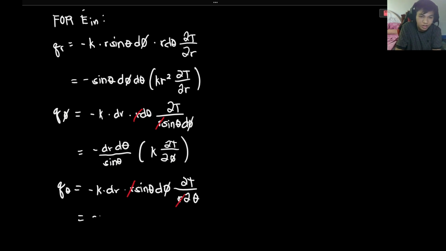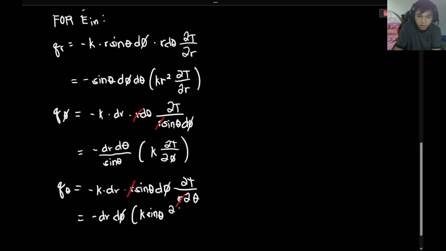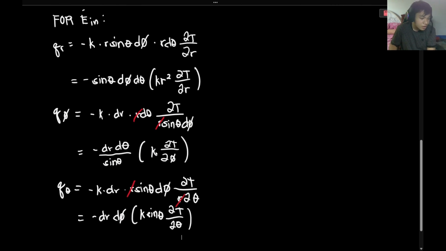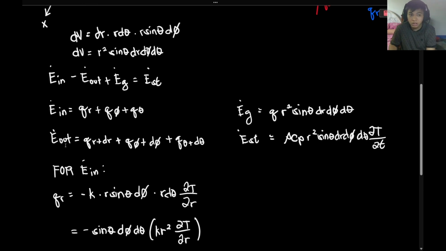So, we have negative dr, and then we have d phi, and then our k sine theta, partial derivative of temperature with respect to theta. So, these are our equations for Ein. We will substitute all of these into the energy balance later on. But now, let's look at our Eout.